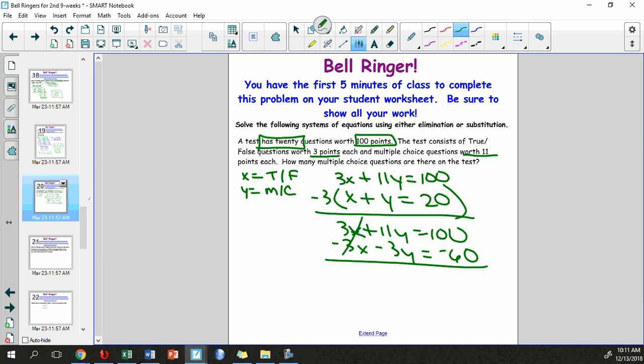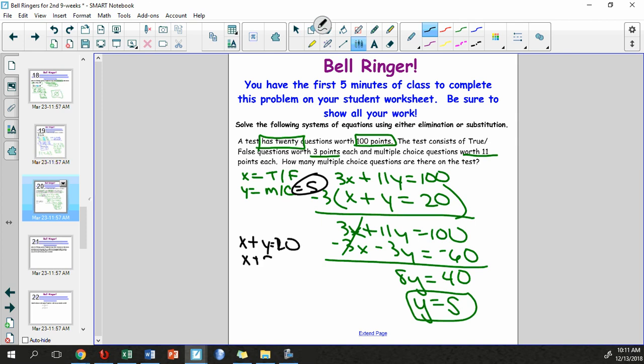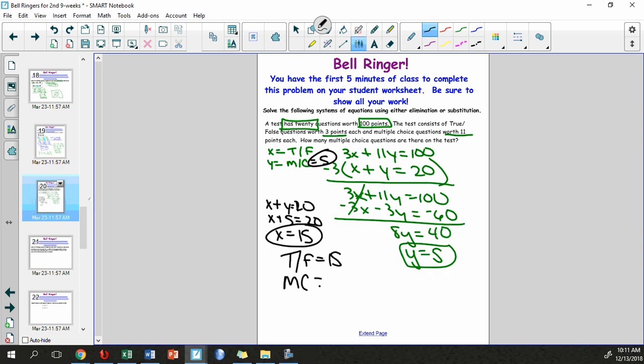This is going to give you an 8y is equal to 40. So y is equal to 5. So that means I'm going to have 5 multiple choice, right? So if x plus y is equal to 20, x plus 5 is equal to 20. So that leaves 15 true and false. And multiple choice is going to be 5.